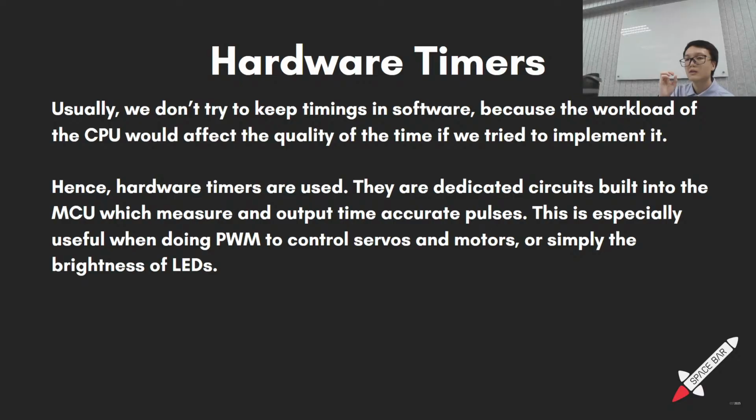And the same thing can be done with motors. The same thing can be done when you're supplying an output voltage to control motors. This is actually how you change the speed of motors and how you change the brightness of LEDs.